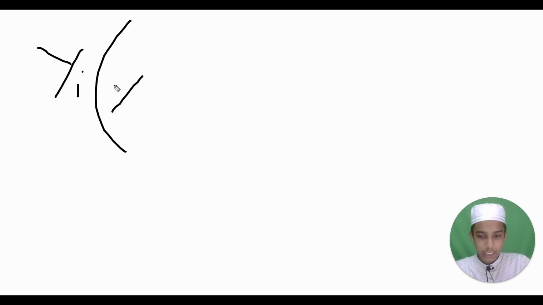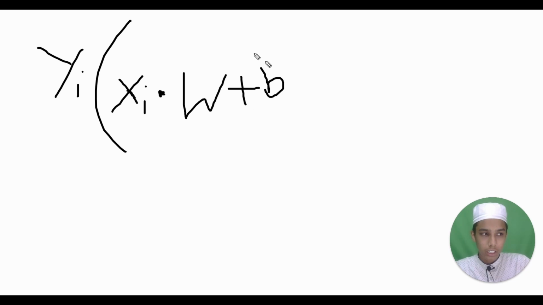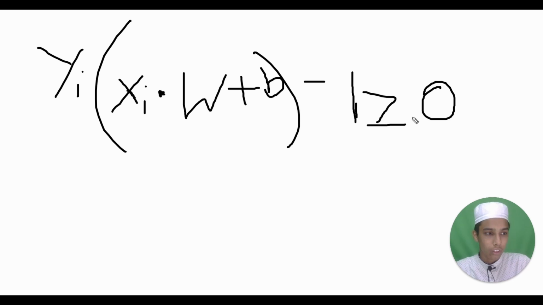If I show you again: y sub i, and then we have x sub i, and then I'm going to multiply this, let's give it the dot, with w plus b, and minus 1 greater than or equal to 0, right?